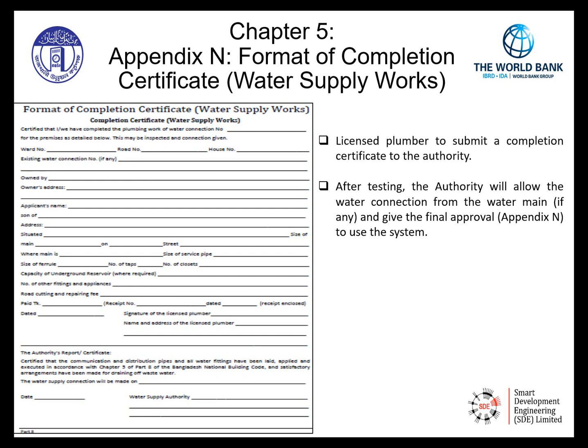The water supply connection will be made on a predetermined date filled out by the authority and dated accordingly and indicated by the water supply authority. So this gives us a format and the form of a completion certificate that the licensed plumber will fill out upon completion and submit it to the authority for connection of the water supply system.